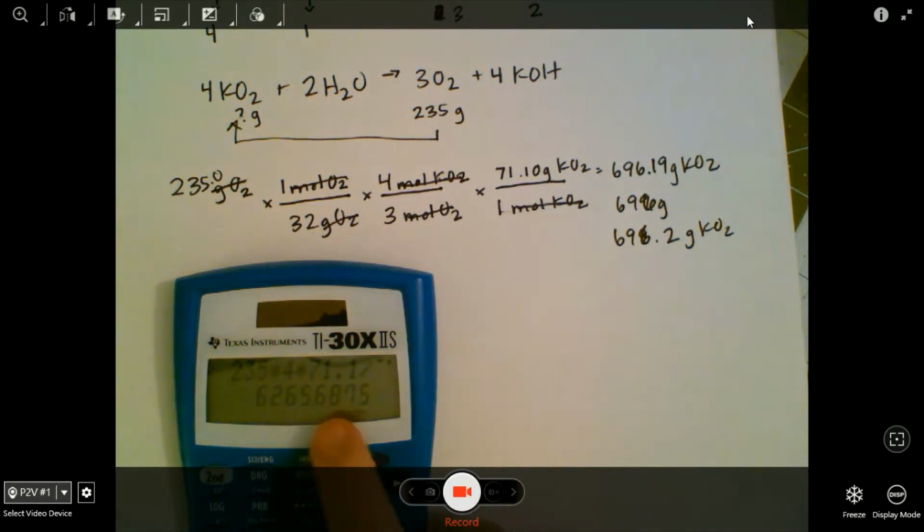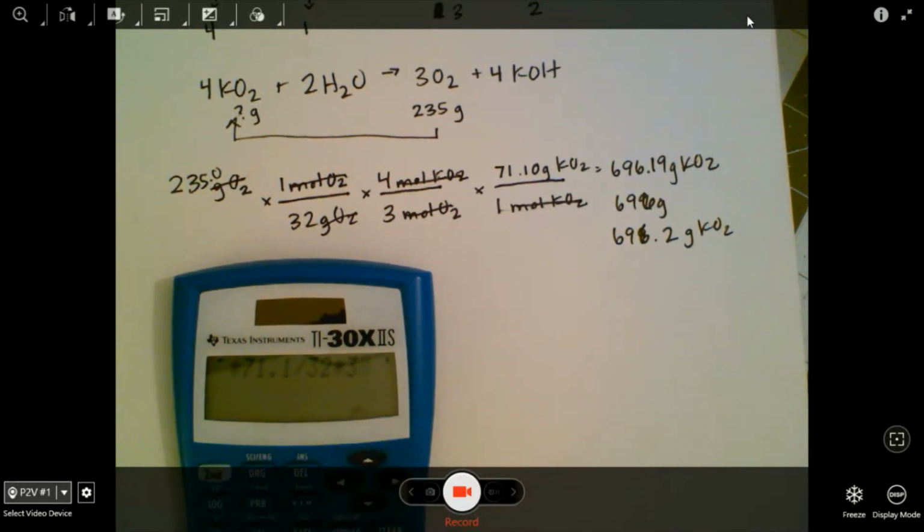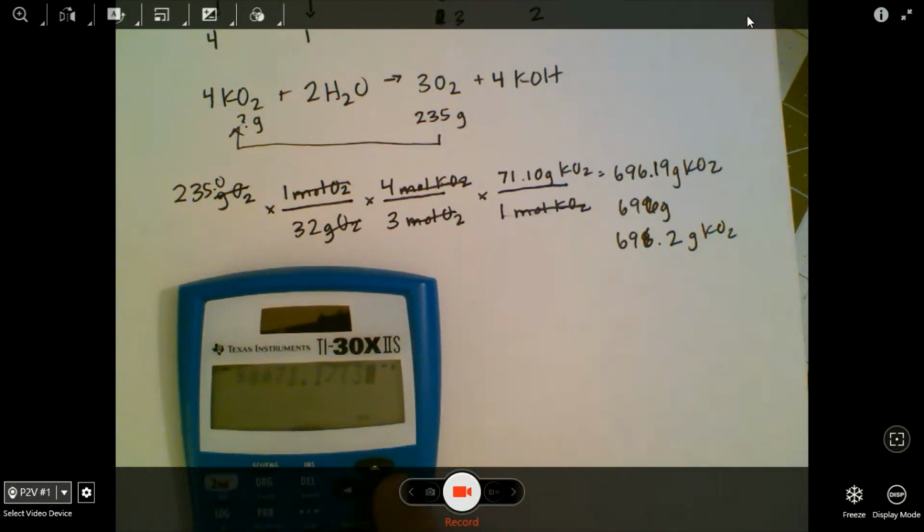The reason why you get that is because of order of operations: right here I hit the divide sign, then I do divided by 32, and even though my brain says I need to divide also by 3, my calculator is getting the message that I'm going to multiply by 3. So you could do the whole top divided by the whole bottom, but you need to make sure you have parentheses around the whole bottom so that your calculator understands the command that you think you're telling it. Because if I do that, I get 696.18 then.